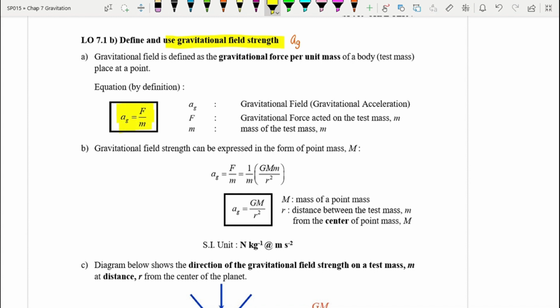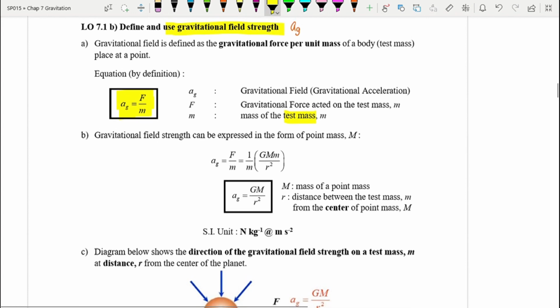Kalau tengok pada formula ni kita ada small m represent test mass, objek yang experience the gravitational field. Kemudian kita ada formula yang derived daripada definition tadi, where kita apply the formula of gravitational force over test mass and then bila kita masukkan, actually kita akan cancel out the mass, the small m, the mass of the test mass ataupun any object around the point mass.